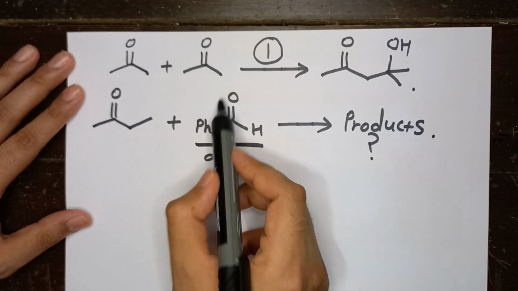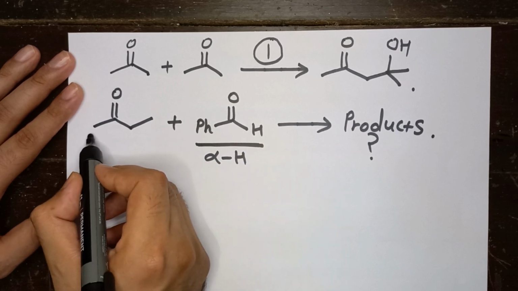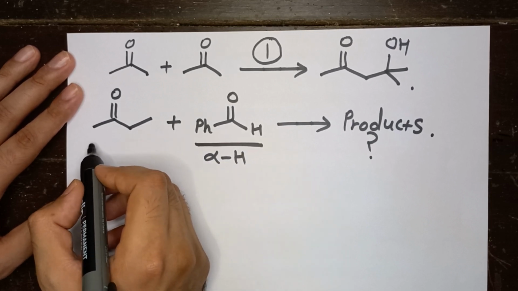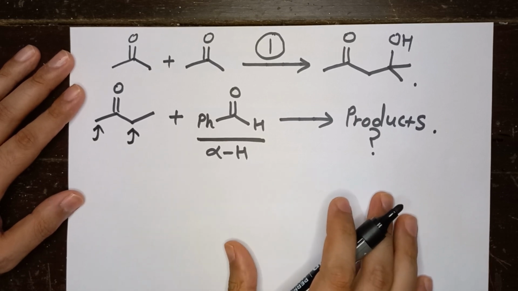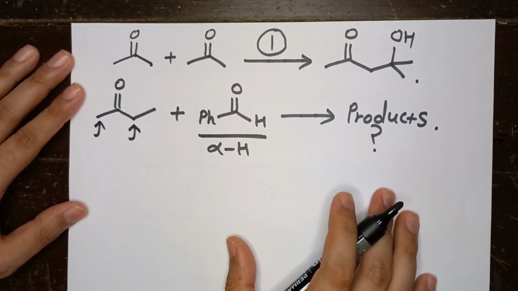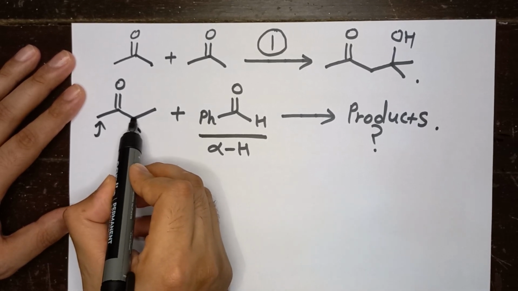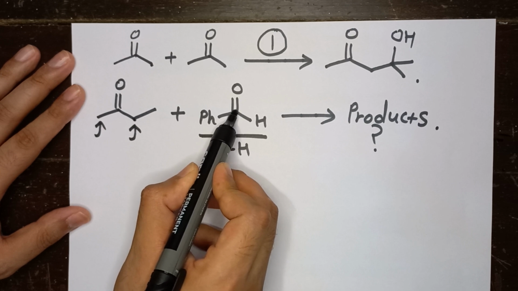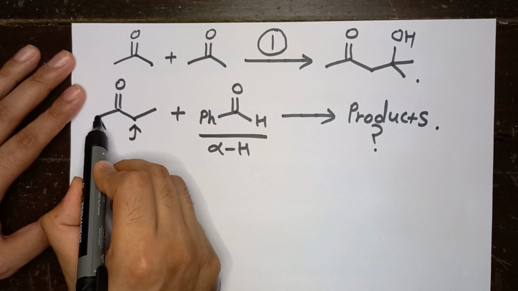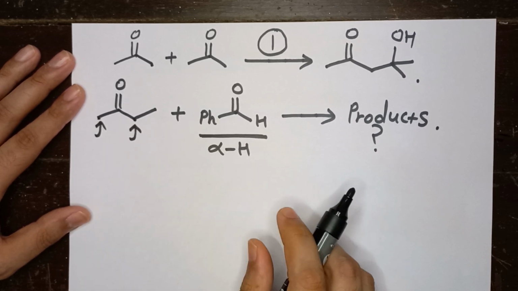Because this is an aldehyde and here we have a benzene group. But this molecule contains 2 alpha hydrogens, one at this position and one at this position. So now let's go ahead and connect this center with this carbonyl carbon to get my first product, right? And this carbon with this carbon to get my second product.